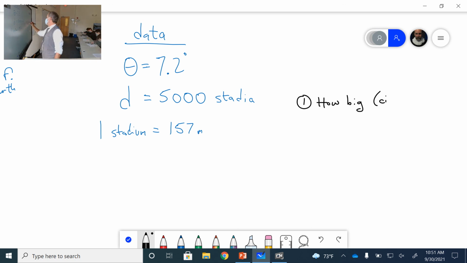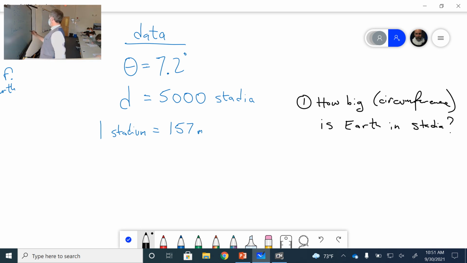By big, I mean circumference. And that's important because later you'll look this up. Normally, if you Google size of the Earth, they'll probably give you a radius, right? You want to know the circumference. How big is Earth in stadia?